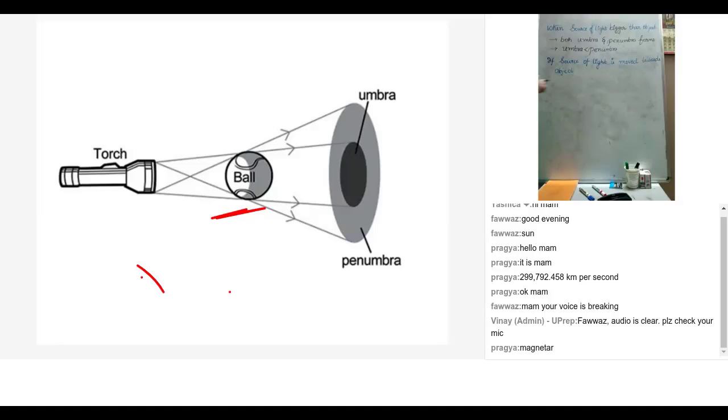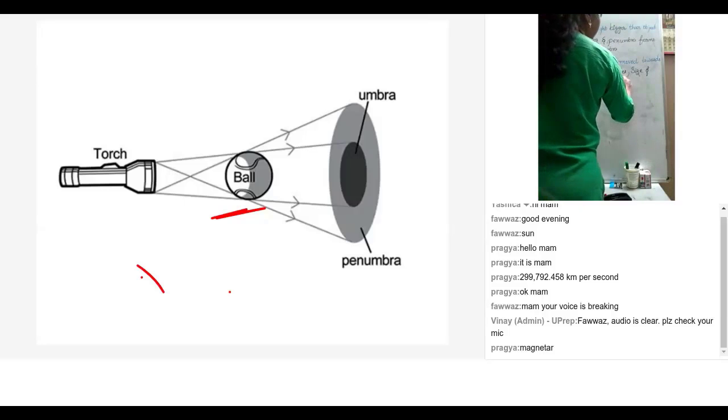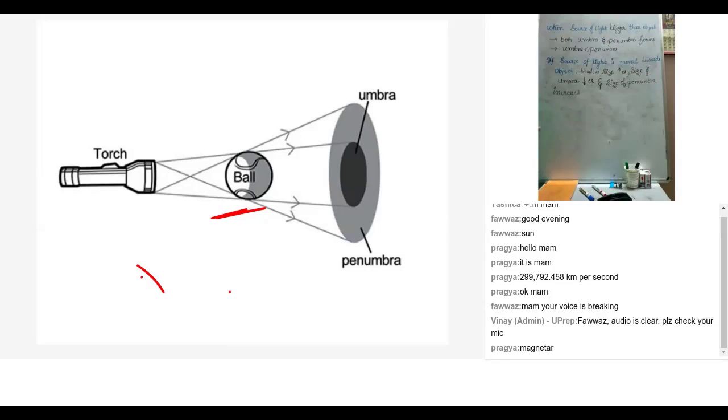What we have seen earlier, shadow size increases, and apart from this, you will see a relative change in umbra and penumbra also, where size of umbra decreases and size of penumbra increases further. Now, if at all I am moving this candle away from the ball, then the shadow of the ball increases.